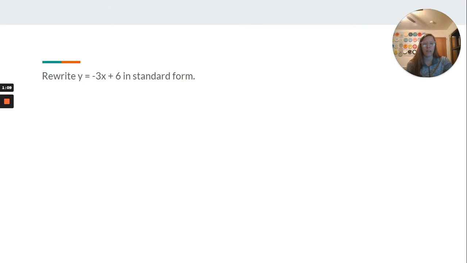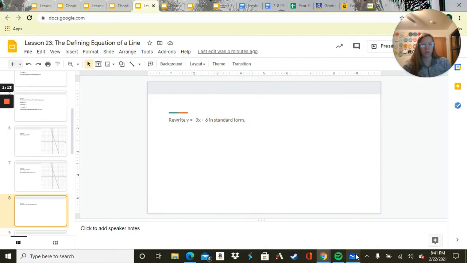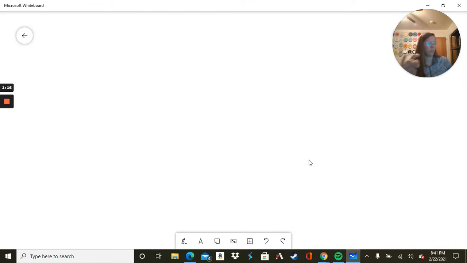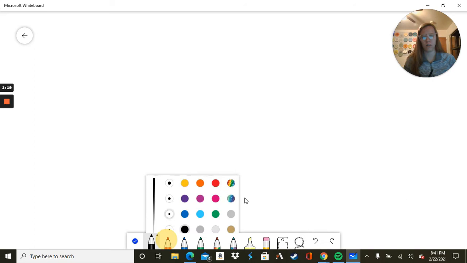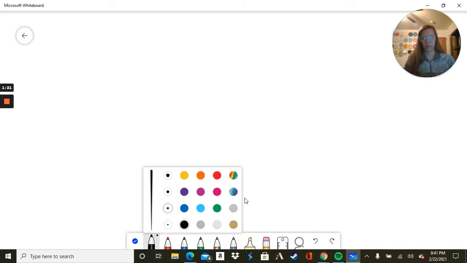So how is that? First, we're going to rewrite this equation in standard form. So we're going to go to the whiteboard. All right. Oops. Let's pick a different color. We're going to use purple today, just because I feel like it. All right.